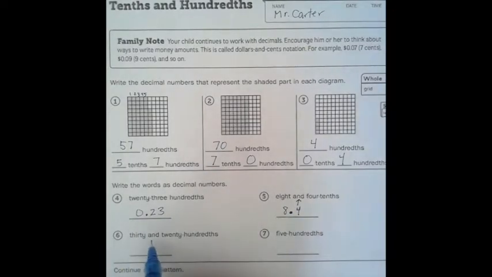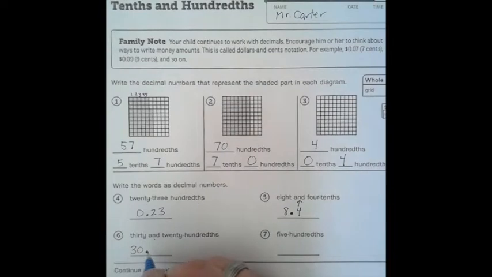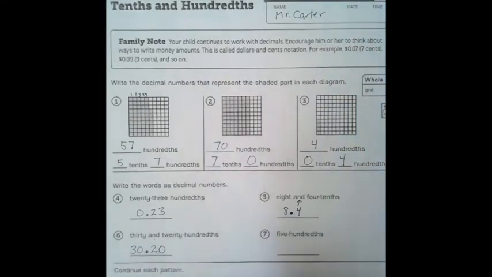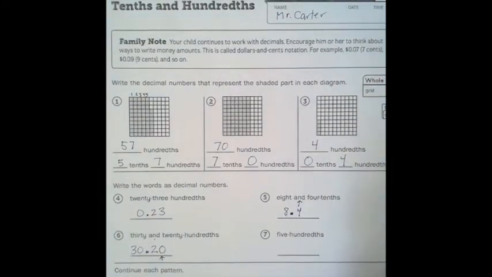So here we go, 30 and 20 hundredths. So again, you're seeing 30 and that word and, which represents a decimal, 20 hundredths. So you need a 2 here and the 0 for the placeholder because this will show that it's in the hundredths place.